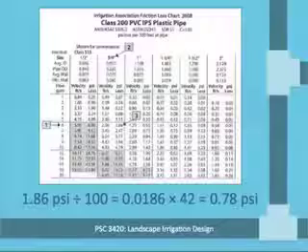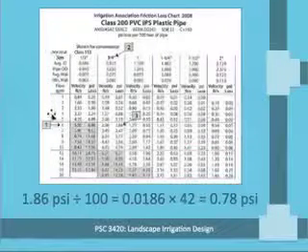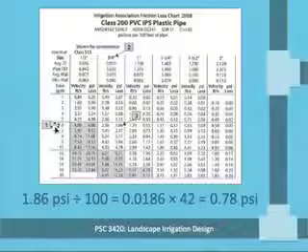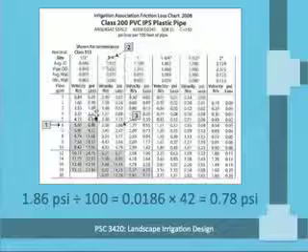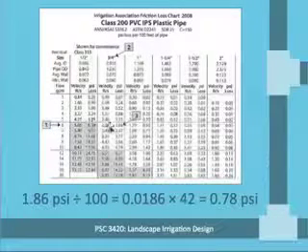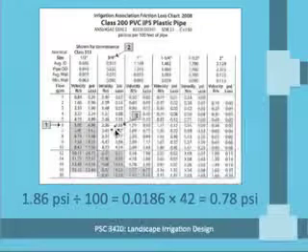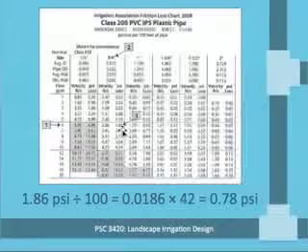So you've got the correct chart here. You'll start again by finding the flow rate in the column on the left, which is 6 gallons per minute. And you'll find the correct pipe size column, which was 3/4 inch. So moving across there, we see that our friction loss is 1.86 psi per 100 feet.